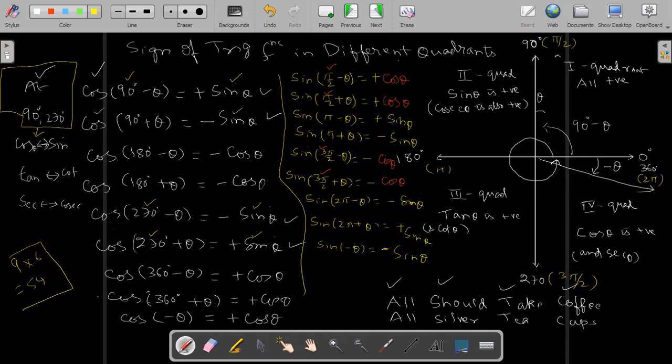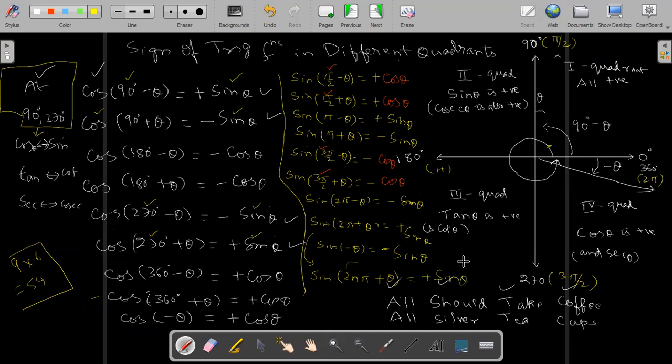So this formula is extended to 2n pi. After any number of rounds, the formula will not change. Sine 2n pi plus theta means you can take any number of rounds, plus whatever extra theta you move. Suppose after 3 rounds you move theta, then you come here. After 4 rounds, 7 rounds, you will still be here. So full rounds are taken, and the formula will be used the same as 360 plus theta, giving plus sine theta.